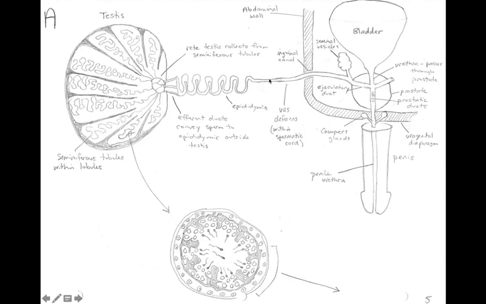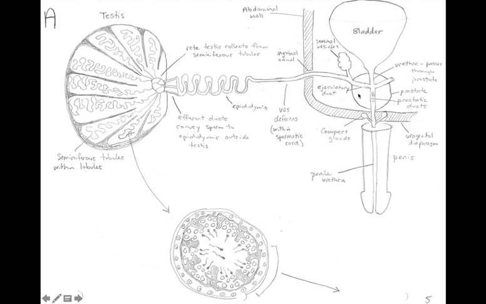Remember, the vas deferens will pass through the abdominal wall at the inguinal canal, right? So down here we are in the testis. The epididymis is in the testis. The vas deferens goes through what's called the spermatic cord and passes through the abdominal wall. And here we come into the prostate at the ejaculatory duct, one from each side, obviously. And then we're here in the urethra, and we can see the prostatic ducts emptying their contents.